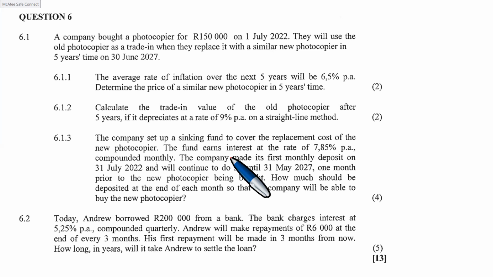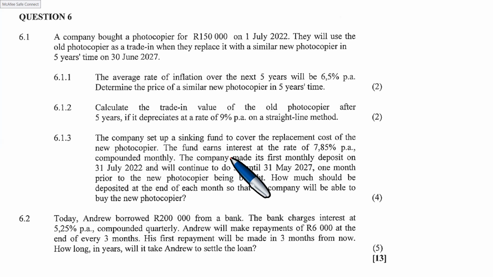They're speaking about a company that bought a photocopier for 150,000 on 1 July 2022. They will use the old photocopier as a trade-in when they replace it with a similar new photocopier in 5 years' time on 30 June 2027.